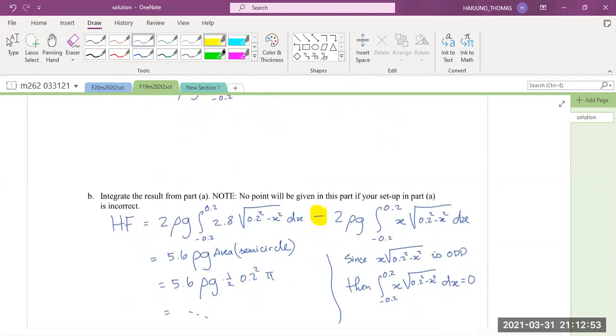If you try to integrate that, you need to use u-substitution, I mean, x equals 0.2 sine theta. That's actually the only way. Oh, no, you can also do u-substitution. But either way, it will take too long, so don't do it that way.